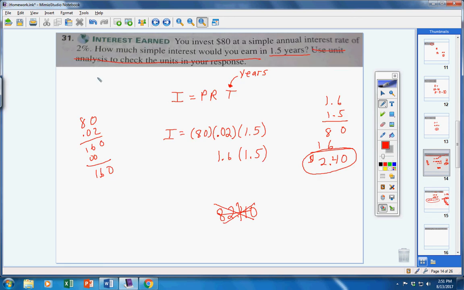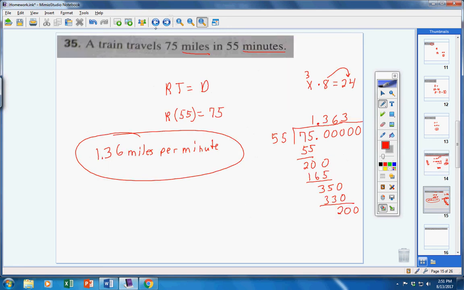Now, in the last problem it said, use unit analysis to check the units in your response, okay? You do not have to do that, but here's what they want you to do. They want you to say that you have 55 minutes over 1 and 75. Remember, it's 75 divided by 55. Everything I'm about ready to say, you do not have to understand.